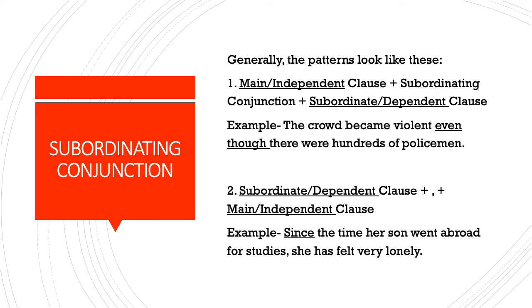So, a dependent clause depends on, relies on, falls for support on the independent clause, which is that she has felt very lonely. So this in itself is complete, a complete thought, it has both a subject and a verb, an independent clause: she has felt very lonely. So if we join the dependent and the independent clause together along with the subordinating conjunction, the sentence becomes complete. Clear?